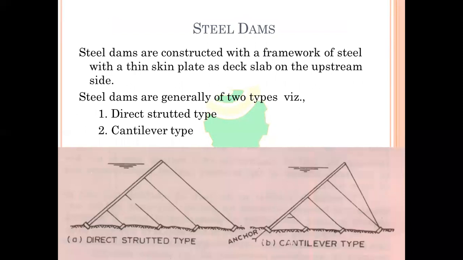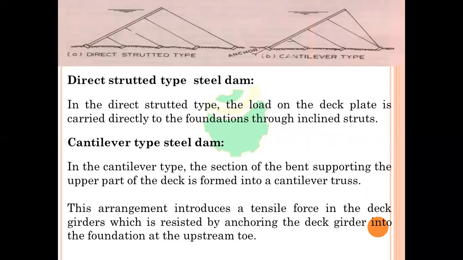Next type of dams are steel dams. The steel dams are constructed with a framework of steel with a thin skin plate as deck slab on the upstream side. Steel dams are generally of two types, direct strutted type and cantilever type. In direct strutted type steel dams, the load on the deck plate is carried directly to the foundation through inclined struts.